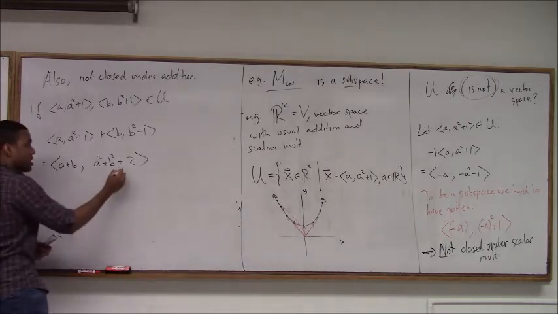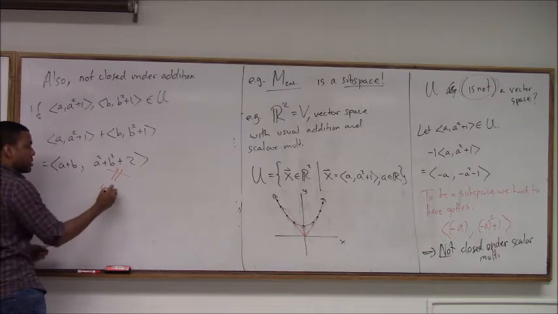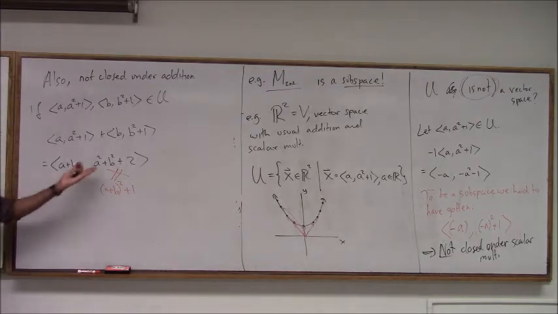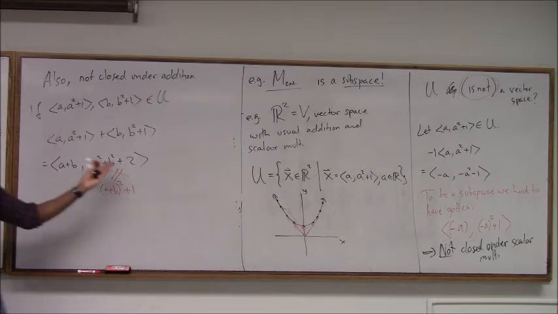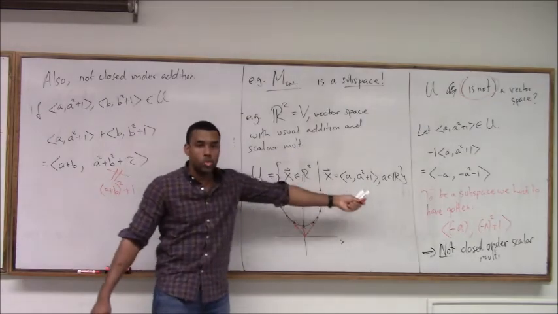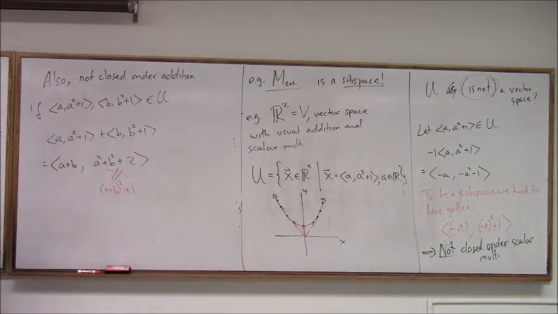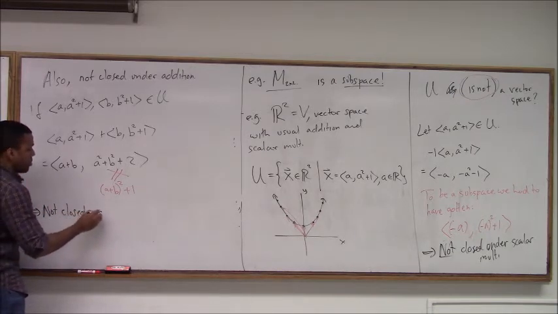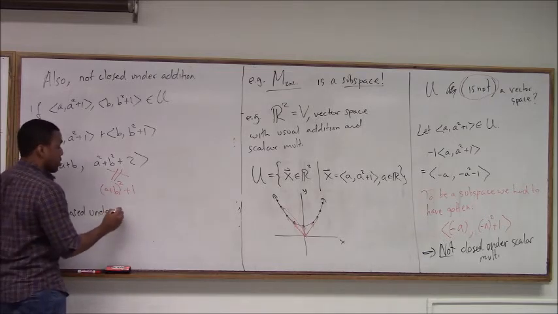In particular, this is not equal to a plus b all squared plus 1. Right? The second component does not fit with what it should look like. It is not the square of the first component plus 1. It's something else entirely. So it's not closed under addition either.